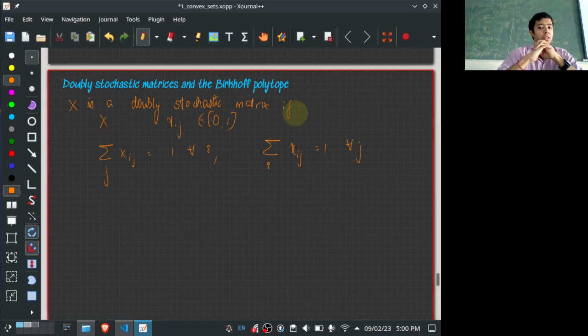If the xij's can be only 0 or 1, then that essentially corresponds to a permutation matrix.